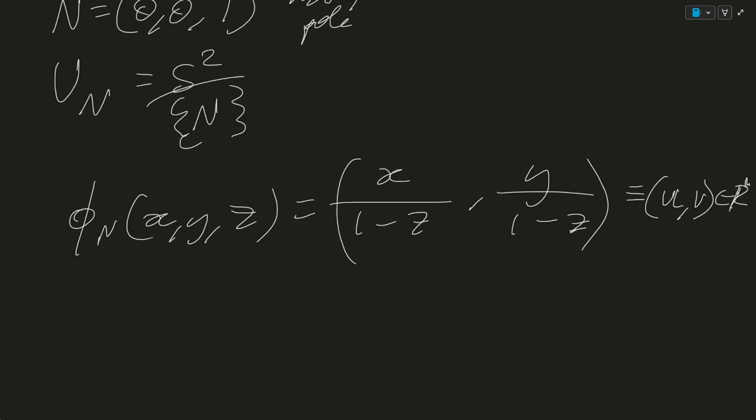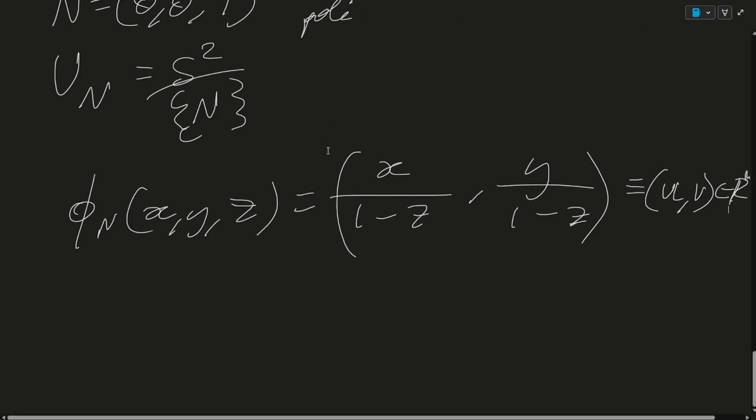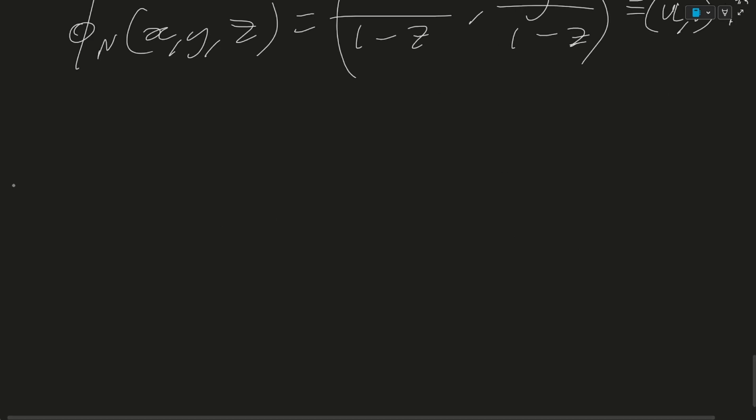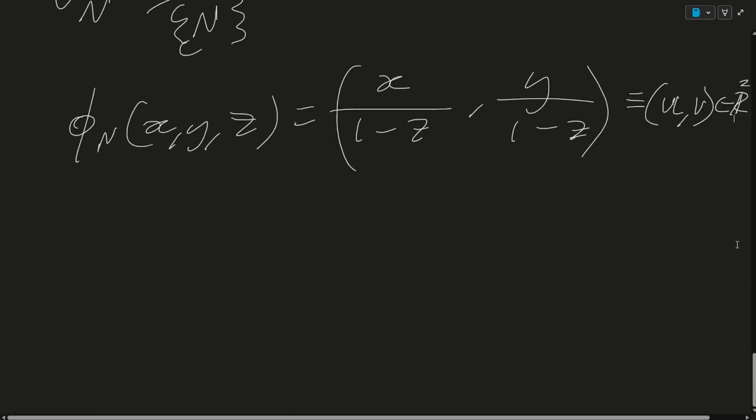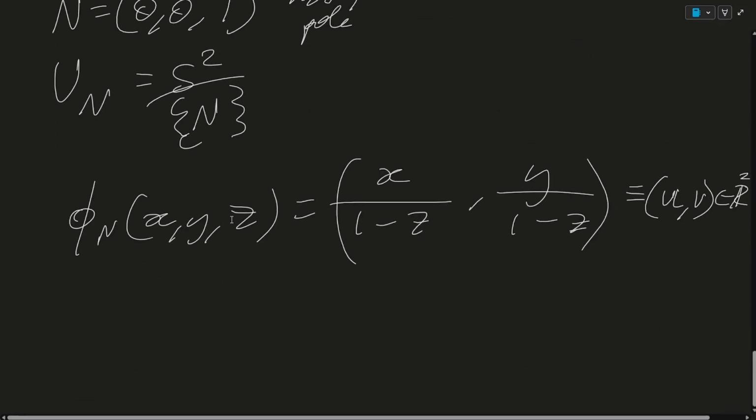I'm running out of whiteboard space. And then we can look at our inverse map, which is going to map back to, sorry, this should be R squared, importantly, because this is R cubed and this is R squared.